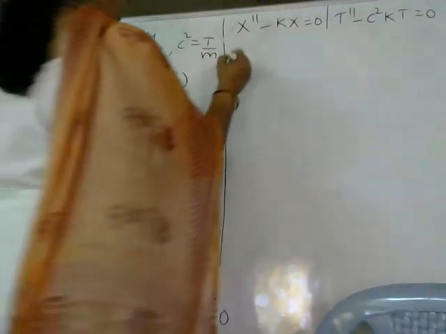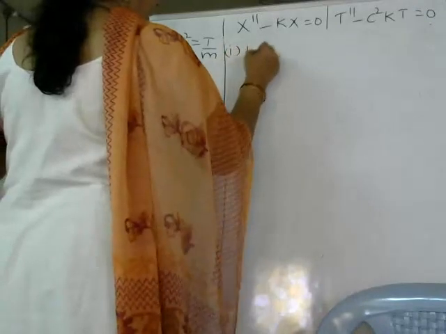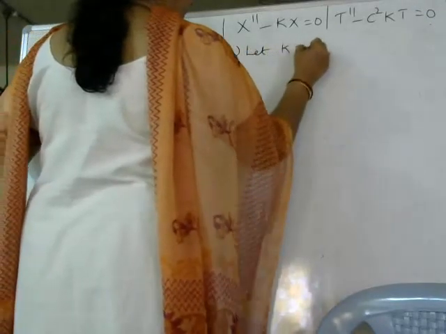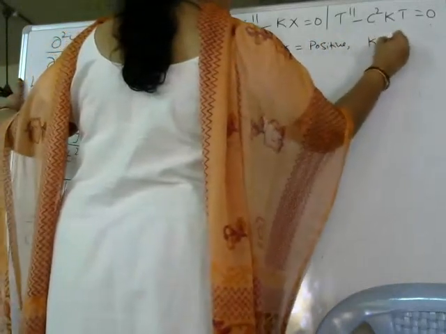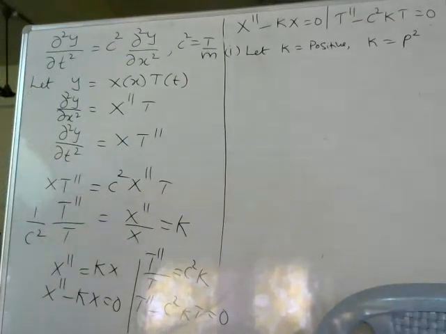So what we do? First case, we go with let k be positive. If it is a positive value, we take k is equal to p². Can we write like this? Why? Because whatever may be the value of p, p² will be always positive. P negative or p positive, whatever we take, p² will be always a positive value.